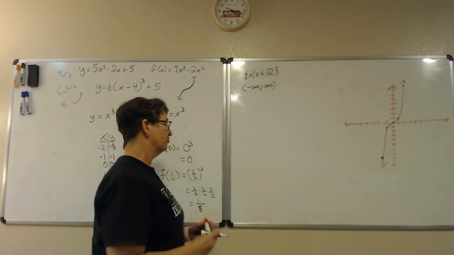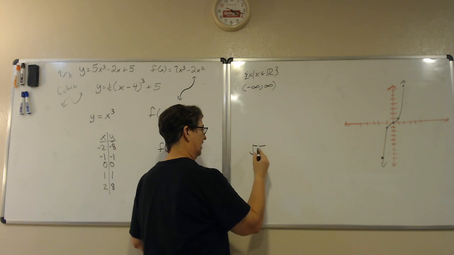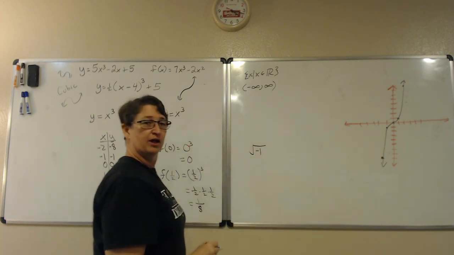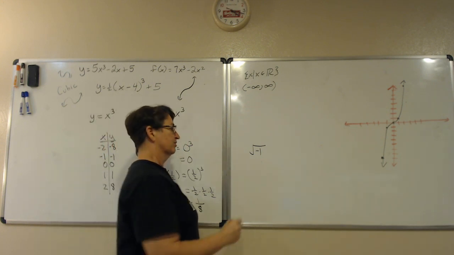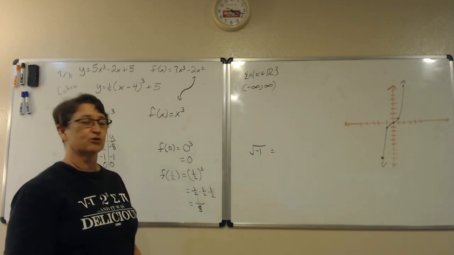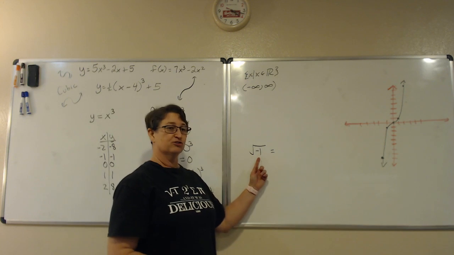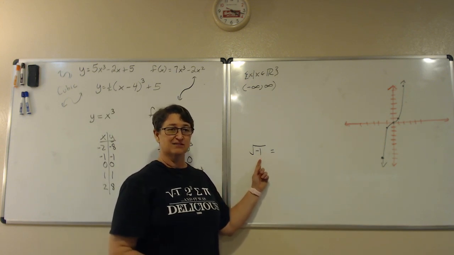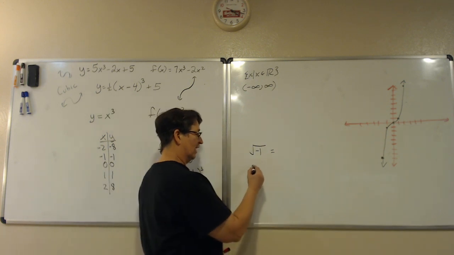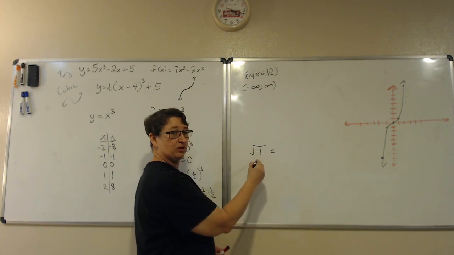So remember September when we did square roots? And I did something like this where I get a negative 1 in there? Good question. So when I do the square root of negative 1 and I say, okay, what times itself gives me negative 1? There's not a number where I can multiply by itself to get negative 1. If I try 1 times 1, that doesn't give me negative 1.